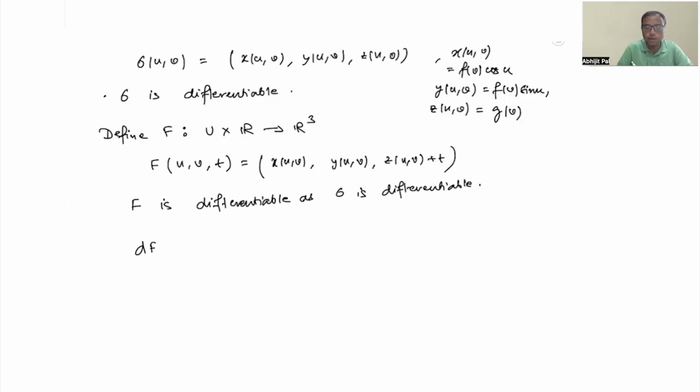Okay. So now what will be the differential of this map capital F? Okay. So differential, it is a linear operator. So I'll just write the corresponding Jacobian matrix. So it will be the partial derivative of x with respect to u, partial derivative of x with respect to v, then 0, partial derivative of y with respect to u, partial derivative of y with respect to v, 0, and then z_u, z_v, and then what we are doing last, we are taking the partial derivative of this with respect to t.